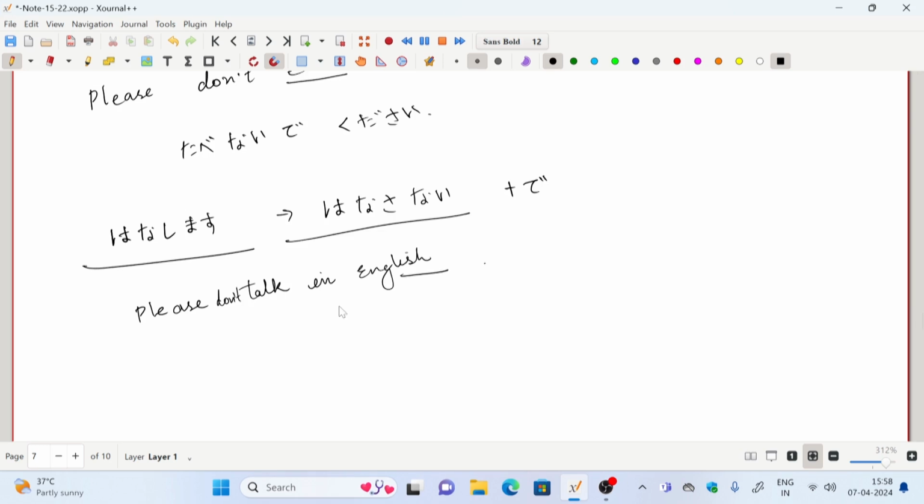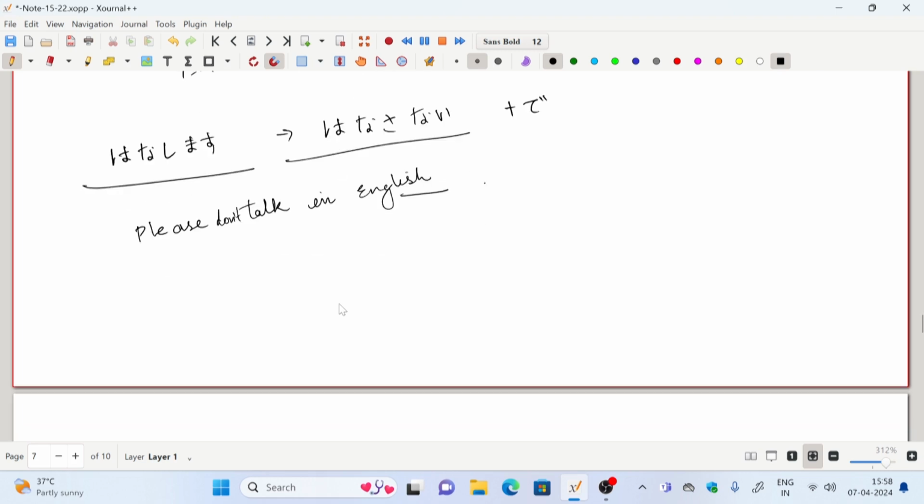So how will it change? English is the tool, the language, so we'll use the particle de.